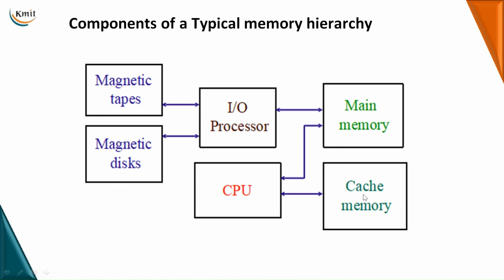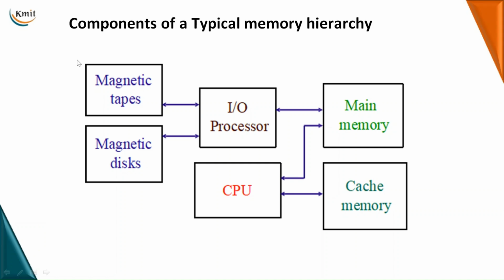Only the programs or instructions which are accessed most frequently by the CPU are placed into the cache memory, because the CPU can access them very quickly, whereas it takes a little amount of time to go to the main memory to access it and get back. So those type of information most frequently accessed by the CPU are placed in the cache memory. It is one of the fastest memories, but the size is very limited.